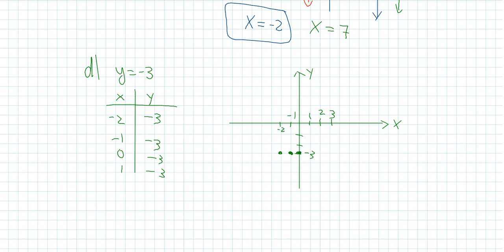What kind of line is this? Horizontal line. So when your equation looks like y equals something, then you know it's a horizontal line. Are we okay with this?